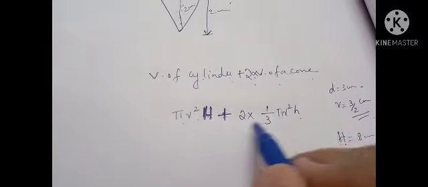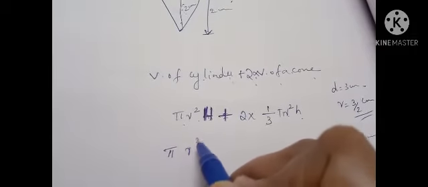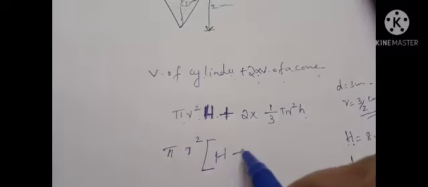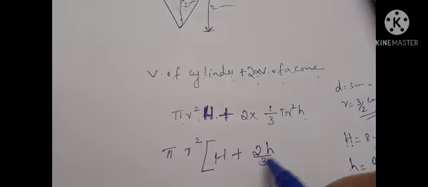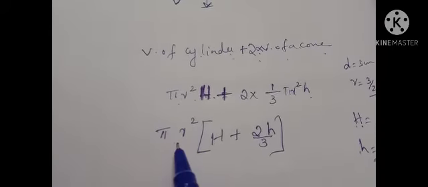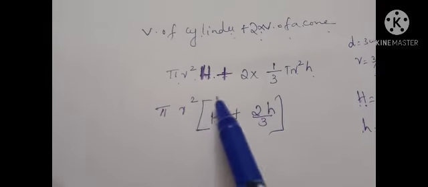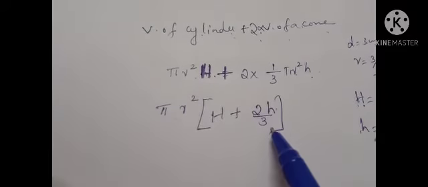Then we can take the common factor outside first. So pi r square is common. Then here H plus 2h by 3. Right? Pi r square we took outside as common so the calculation is easy. Then pi r square into H plus 2h by 3.